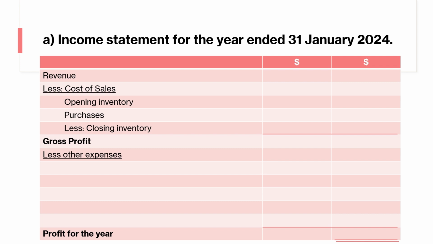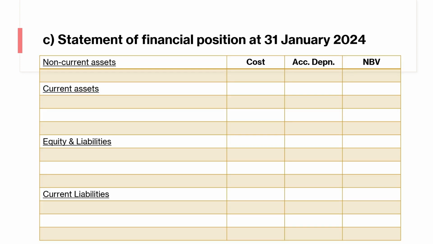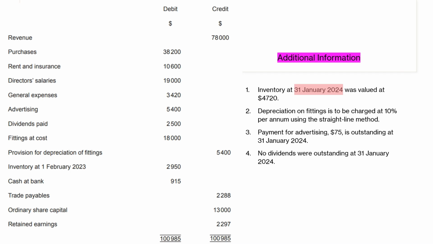So you can go to the income statement. So under cost of sales, we have less closing inventory. So you record closing inventory of 4,720. And also in the balance sheet, inventory falls under current assets because it's held in the business for less than a year. So then you record 4,720. Then point 2, depreciation on fittings is to be charged at 10% per annum using straight line method.